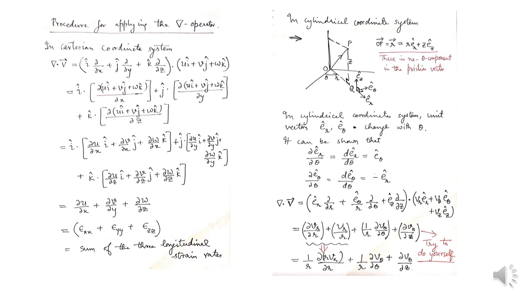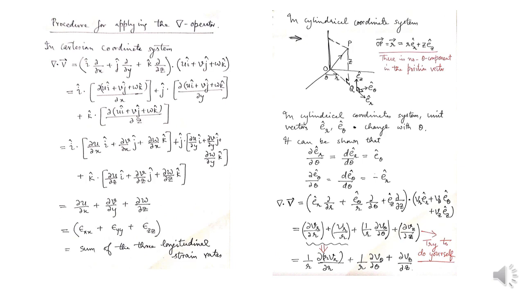Now you will appreciate that any point P in space will have a position vector of this type only, RER plus ZEZ. You can just see that there is no theta component in the position vector. Okay, this is something very interesting. In cylindrical coordinates, when you write the position vector, it can be completely expressed in terms of a radial vector and an axial vector, which we call the z direction.